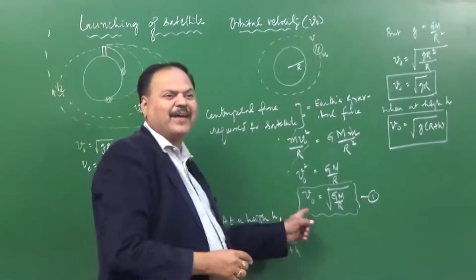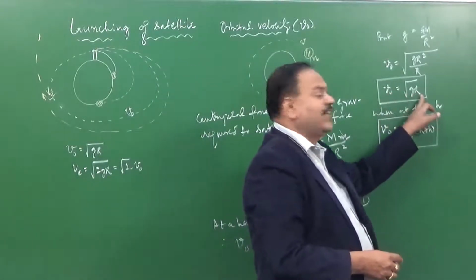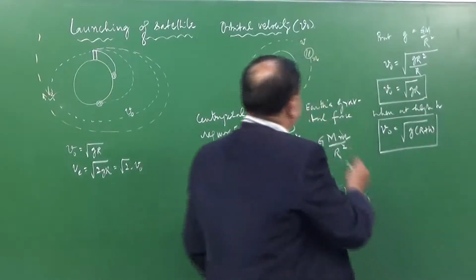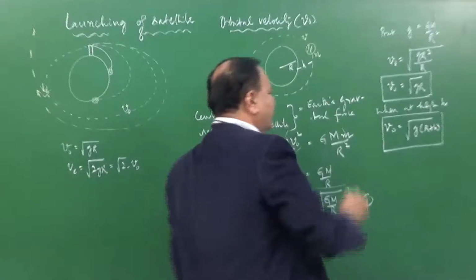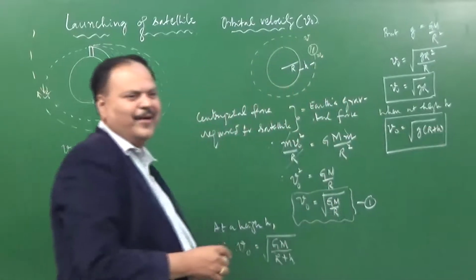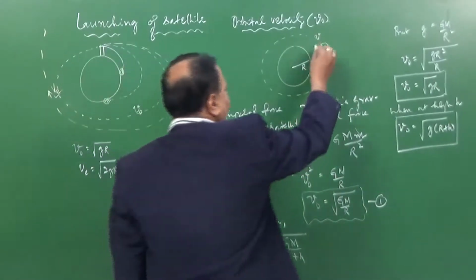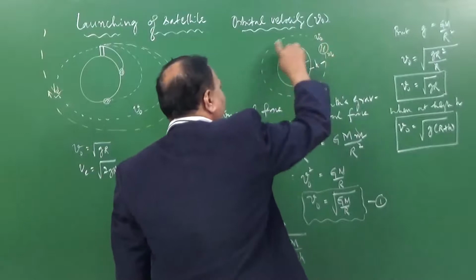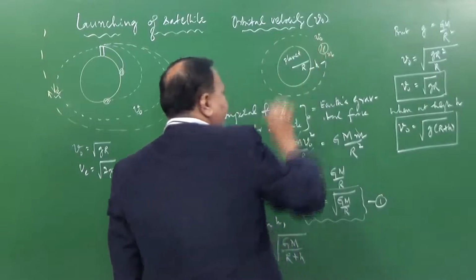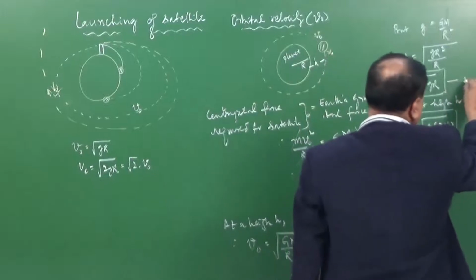This is the expression for orbital velocity in terms of G, M and R. This is the expression in terms of small g and R. When it is at a height h from the Earth, you must add that h to the R. Okay, it's very important for 5 marks. Sometimes the question will be asked, what's an orbital velocity? Orbital velocity is the velocity with which a satellite revolves around the planet. Here the planet is the Earth. Now this you can call equation number 2.